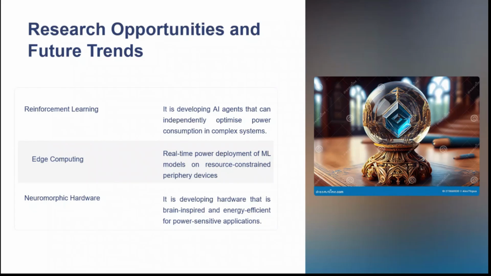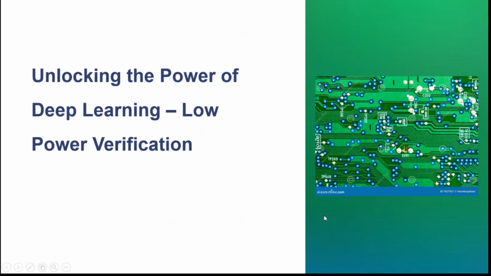In the hardware part, we are going to develop hardware that is brain inspired and energy efficient for power-sensitive applications. In real time, the customer may use various kinds of applications, and in each and every application, the customer definitely looks for low power consumption and high performance.